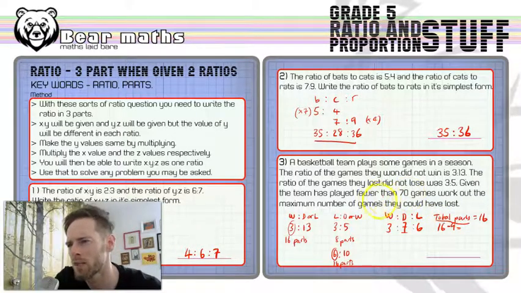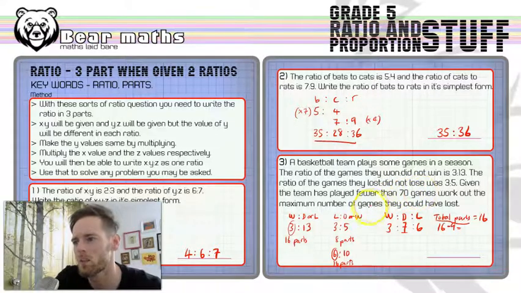But given the team has played fewer than 70 games, work out the maximum number of games they could have lost. Well, they could have lost 6 games, all right, but that only adds up to 16. Right, and the largest multiple of 16 that's less than 70 is 64, right, which is 4 times 16.